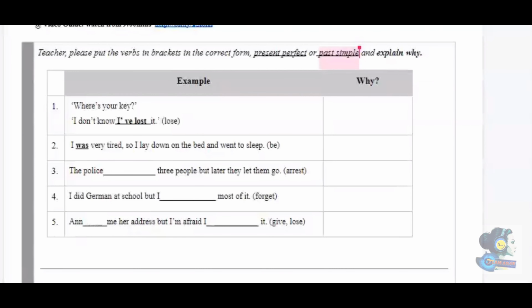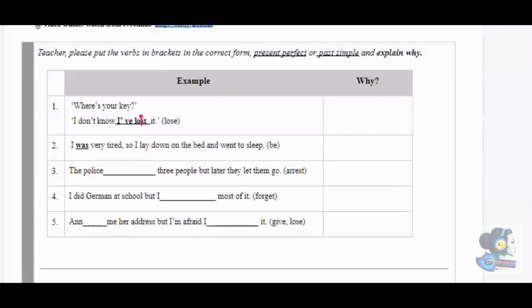Now I'm going to have number one first. Where's your key? I don't know. I've lost it. Our verb is lose, and it was transformed into I've lost.